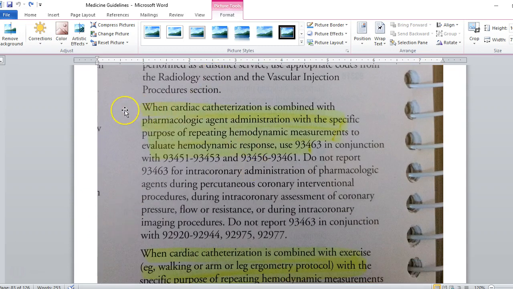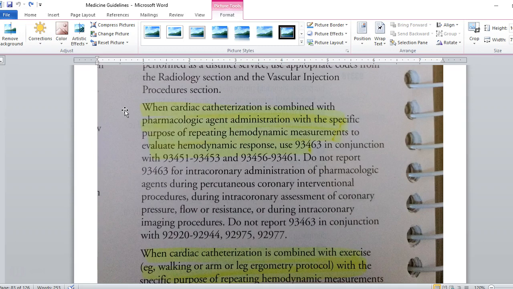Now, they also tell us when cardiac catheterization is combined with a pharmacologic agent administration with specific purposes of repeating hemodynamic measurements to evaluate hemodynamic response, use 93463 in conjunction with 93451 to 93453 and 93456 to 93461.